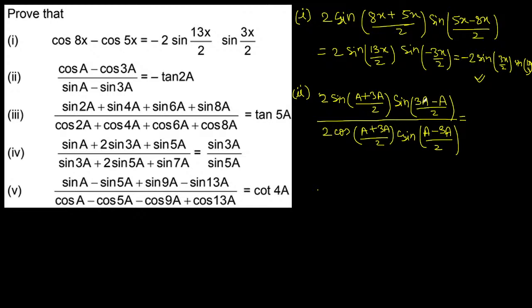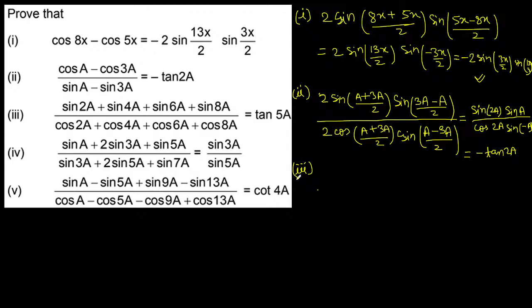So we are getting sin 4a by 2 is 2a, and this is sin 2a by a is sin a, whole divided by cos 2a, sin minus a, so overall it is minus tan 2a. So we are straightforwardly getting the answer.